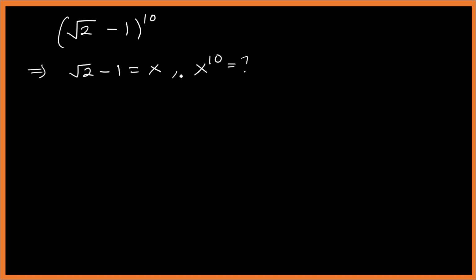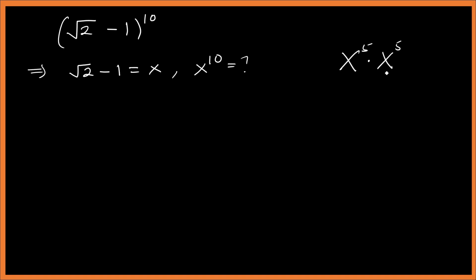Now looking at x to the power 10, we want to see if we get a product of, let's say, x to the power 5 times x to the power 5.